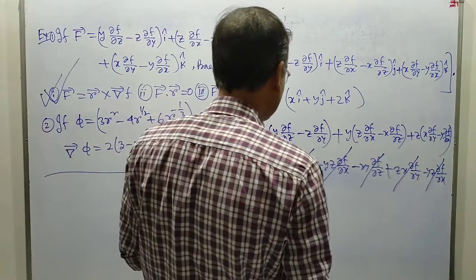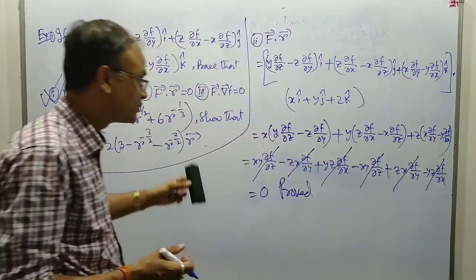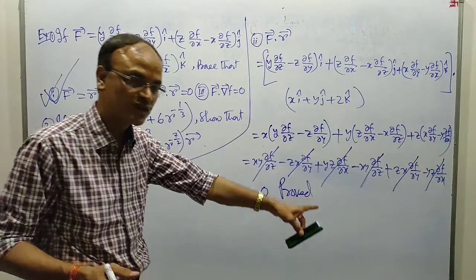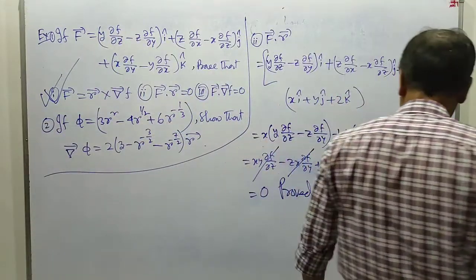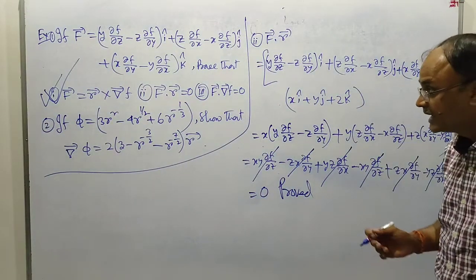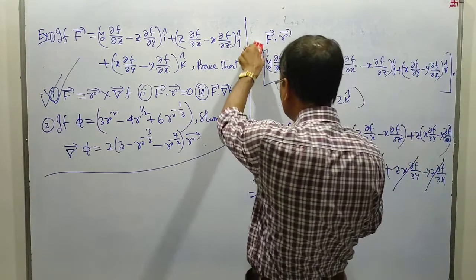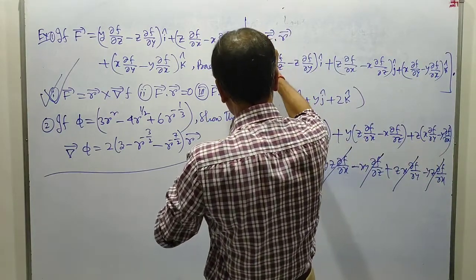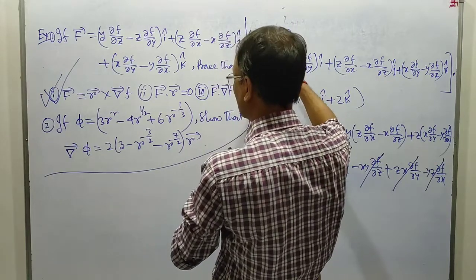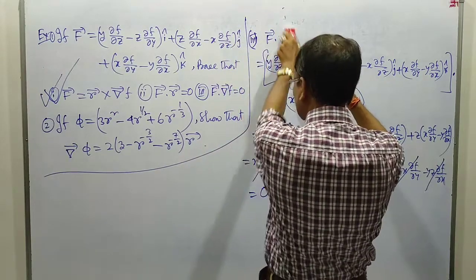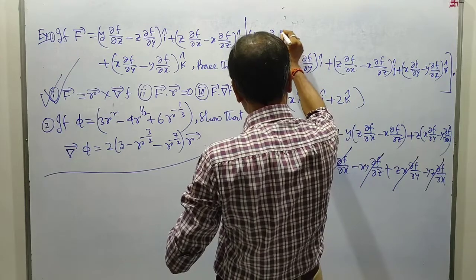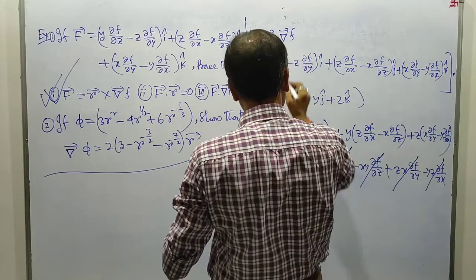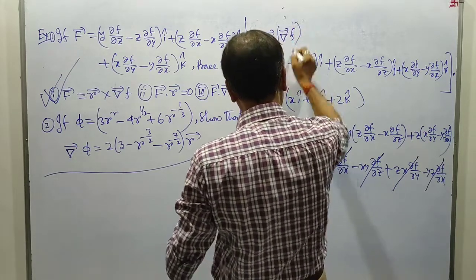Number 3. Proved, just note it down. After that, number 3. We are going to prove number 3. F vector dot gradient of f.